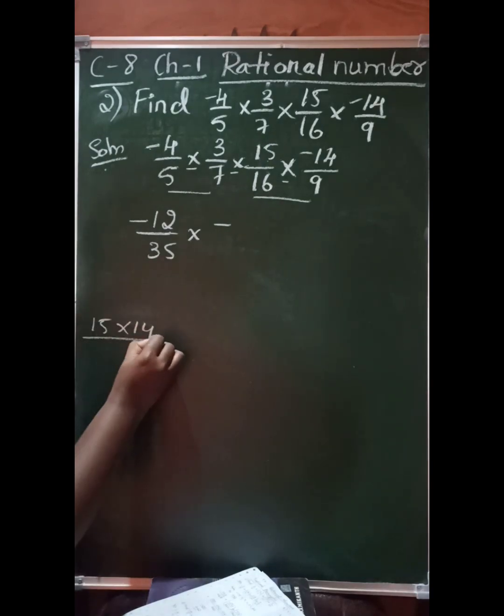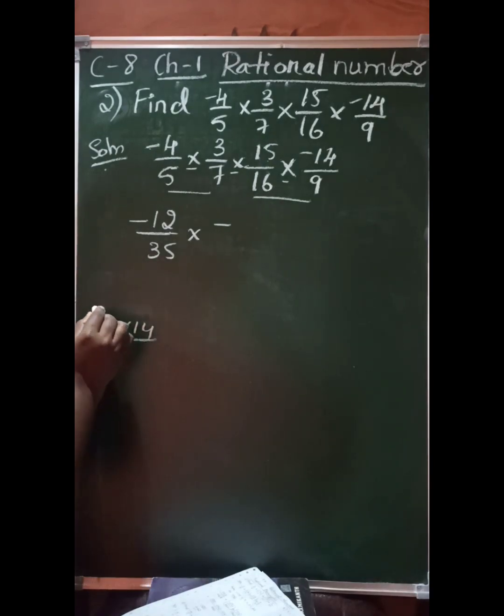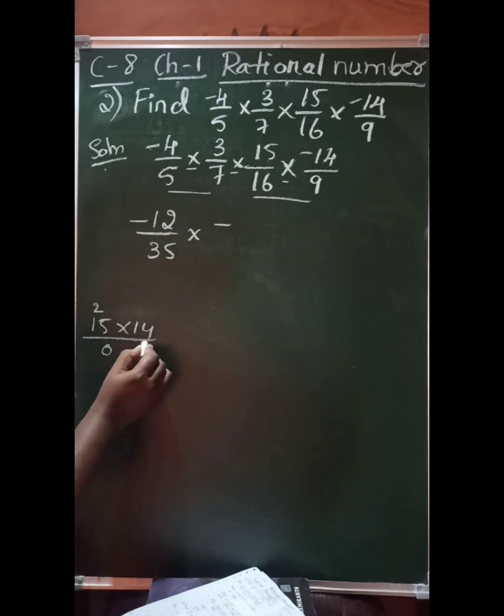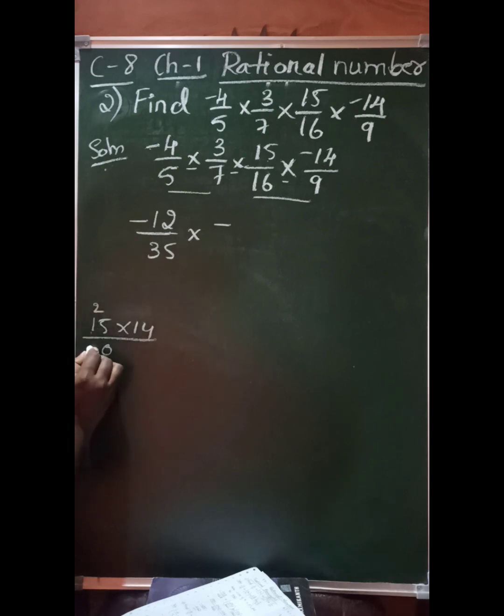What will you get? 4 fives are 20, 0 right below, consider 2 as carry. 4 ones are 4 plus 2 is 6, plus 1 is 5, then 1. So 0, 6 plus 5 is 11, then 1 right below, 1 consider as a carry, 2. So 210 is the answer.